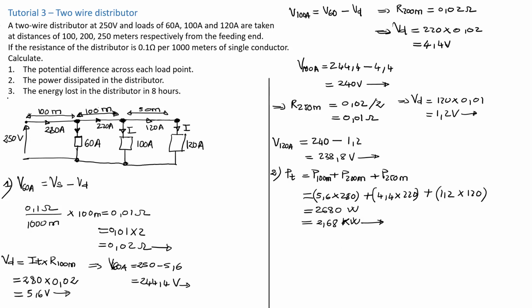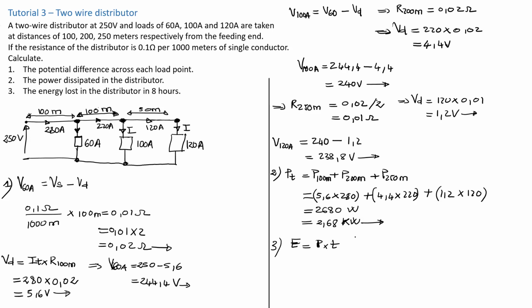All right, now we can move to question number 3. Now question 3, we need to calculate the energy lost in the distributor in 8 hours, right? So what is the formula for the energy? We know that E is equal to the power times the time, right? Because energy is calculated over a time period.